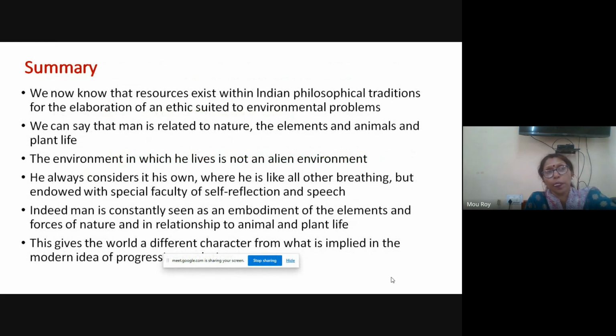If I want to summarize this unit, I would like to mention that we now know that resources exist within Indian philosophical traditions and beliefs for the elaboration of an ethic suited to environmental problems.